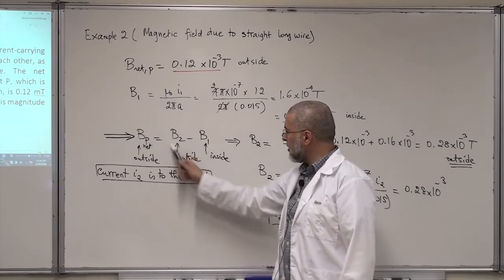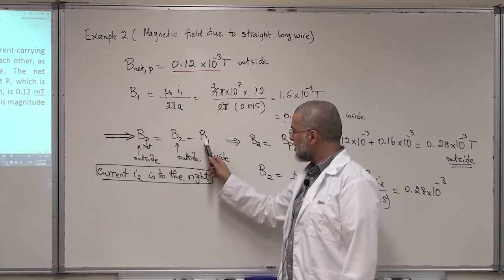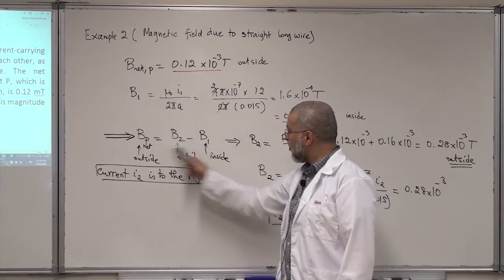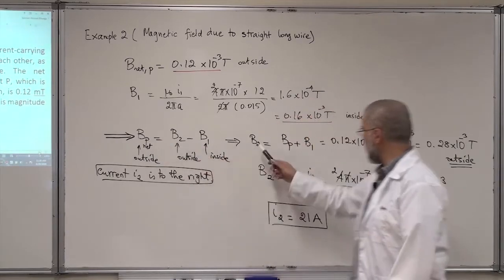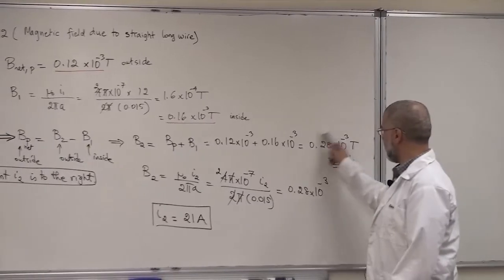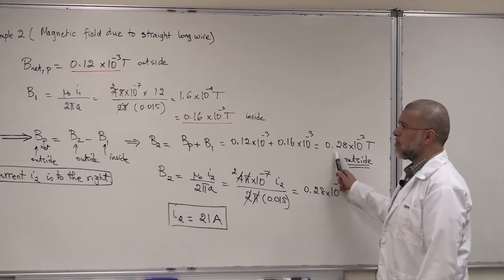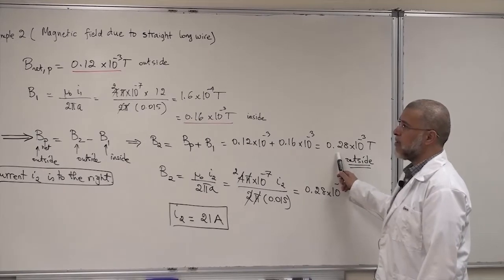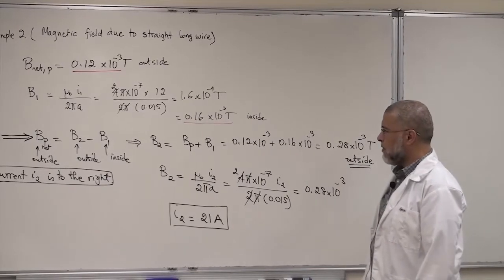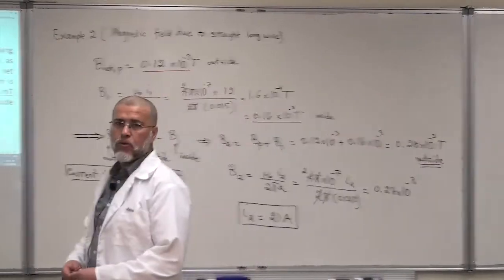It means this number is large, so a large number minus a small one. This equation has to hold, so from there you can find B2. That's the magnitude of B2, and its direction should be outside, to be able to solve the problem correctly. And that's the current. It is to the right.